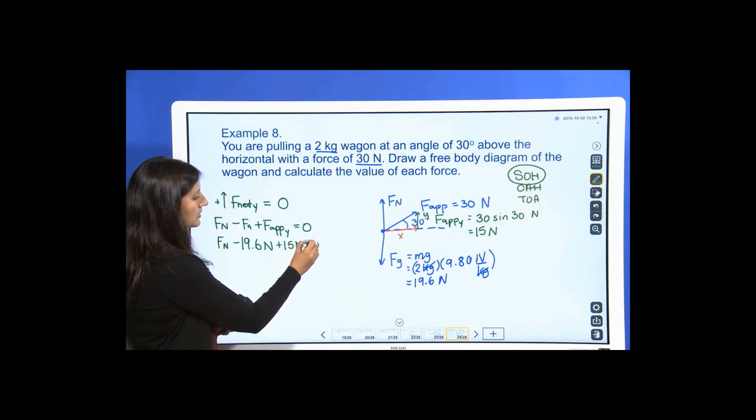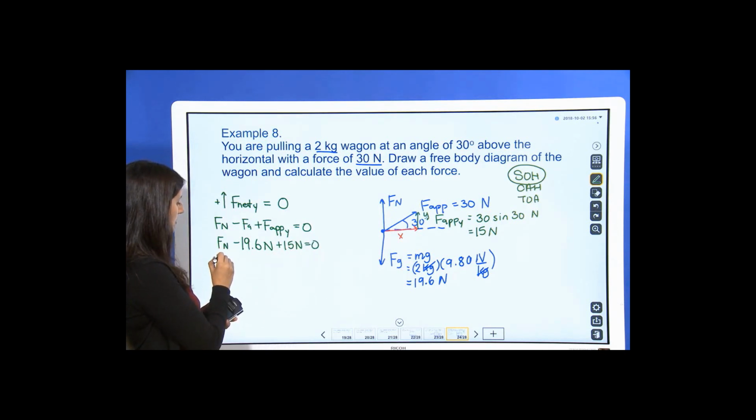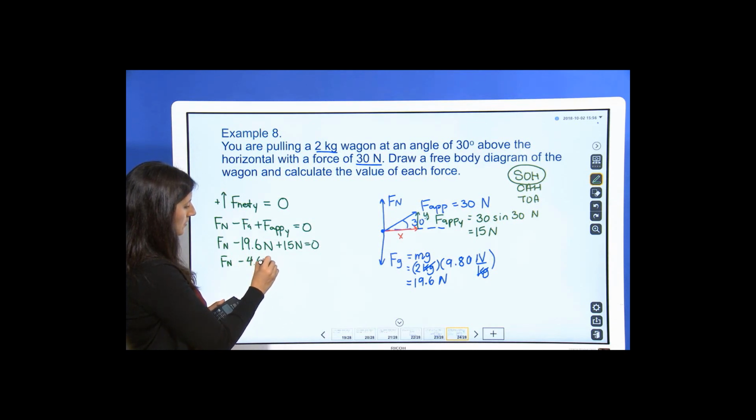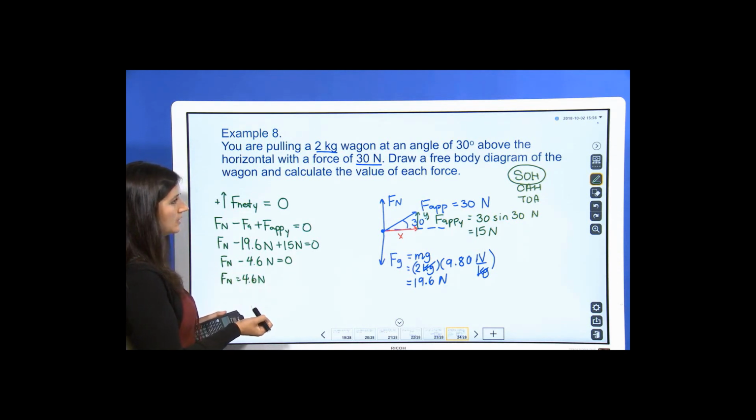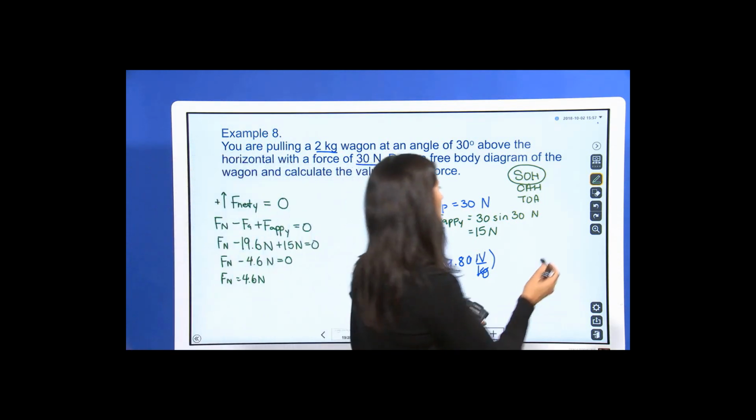All of that has to equal 0. I'm going to solve for my normal force. Negative 19.6 plus 15 is negative 4.6 equals 0. I'll move that to the other side. F normal equals 4.6 newtons. So that's the value of my normal force.